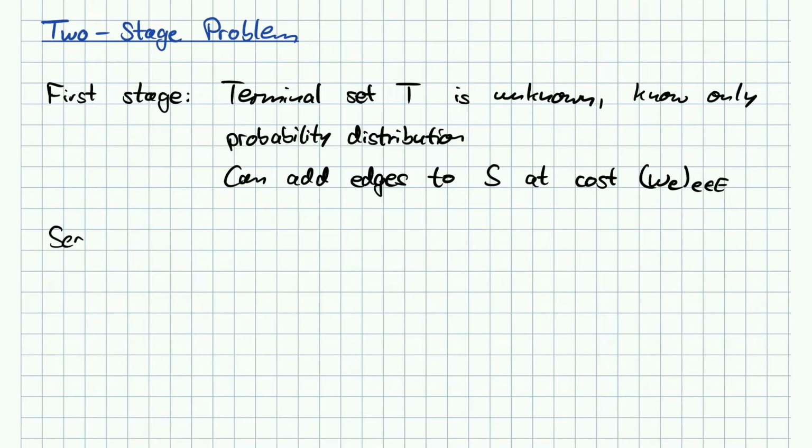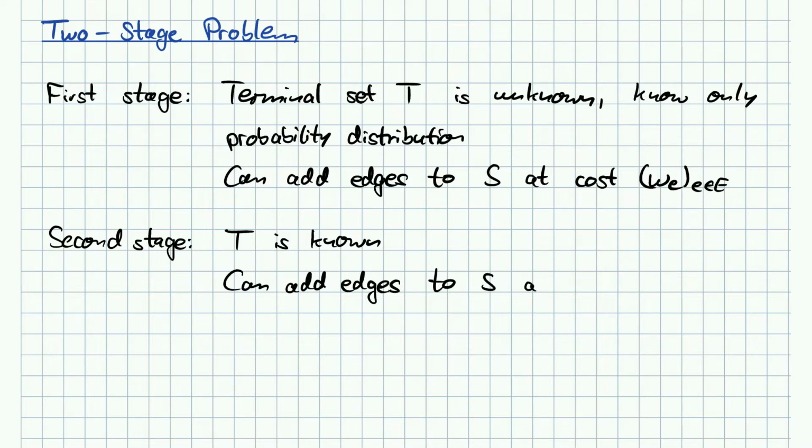Then in the second stage, T is known, and we can add edges to S at costs lambda times WE, where lambda is just some factor which is at least 1, which is an inflation factor.